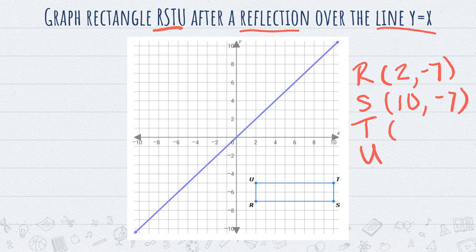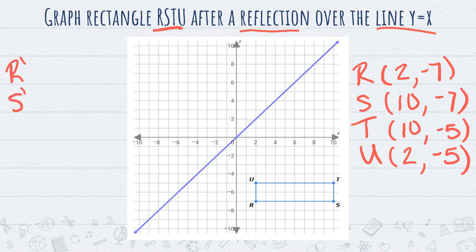T is at the point 10, -5, and U is at the point 2, -5. So now that I have all my points, now I need to find the points R prime, S prime, T prime, and U prime, which would be after they reflect over.